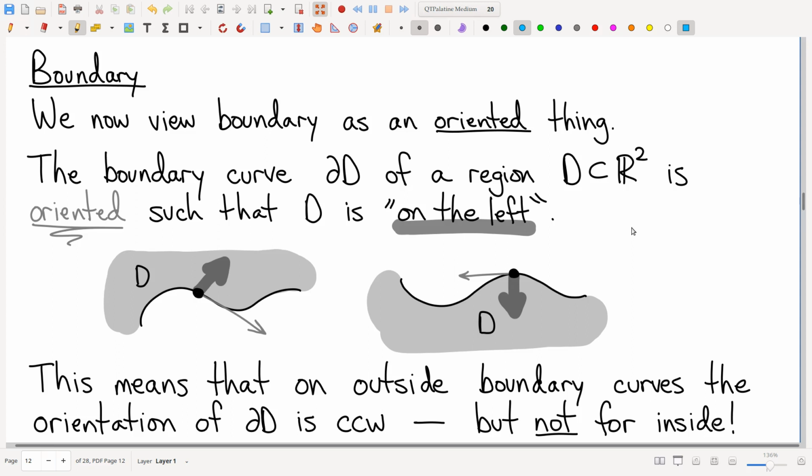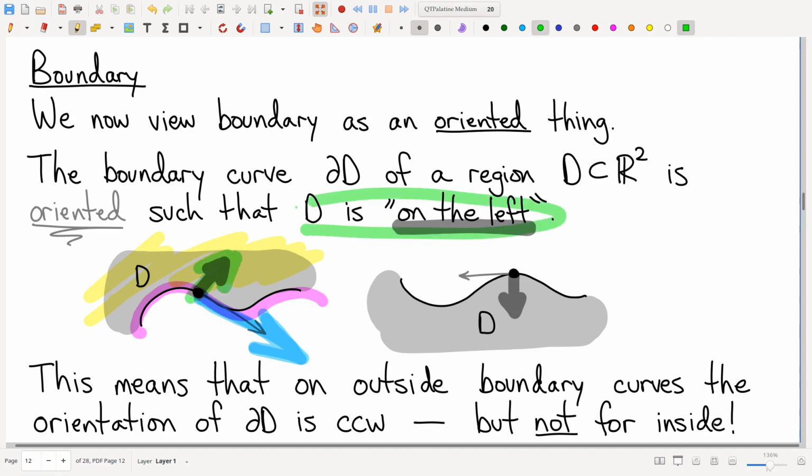So the rule is, whatever region that you're interested in talking about the boundary of, as you move along that boundary, the direction that you go is the one such that as you go in that direction, you need the region to be on your left. That's the rule. You always need to walk in whatever direction along that curve puts the region itself, the region whose boundary you're interested in, on the left.